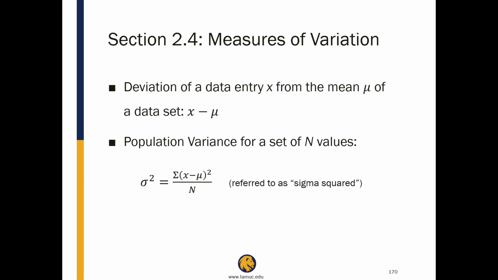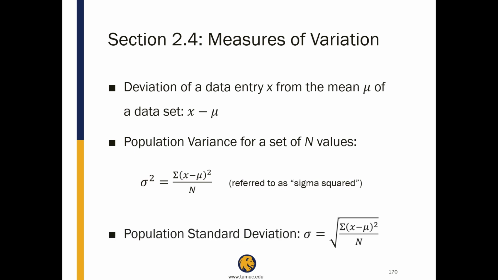We call it sigma squared, which is equal to the summation of (x minus mu) all squared, all divided by capital N. And the population standard deviation, which is just the letter sigma, not sigma squared, is equal to the square root of the formula for variance. So there's more going on here than we've had to deal with before, but again, it revolves around the idea of subtracting numbers, and then we square it, and then we add, and then we divide.